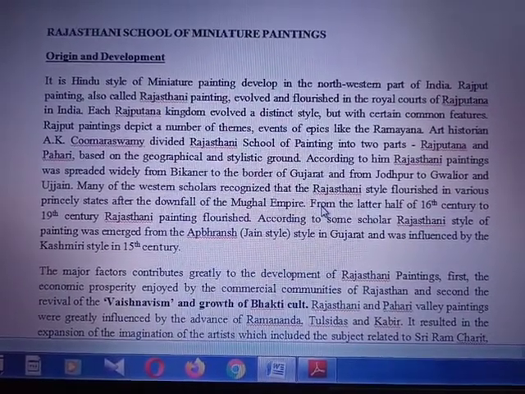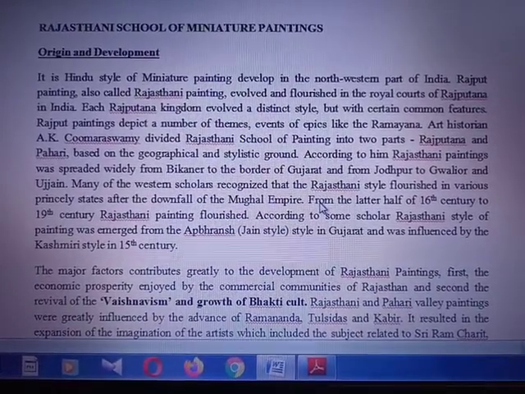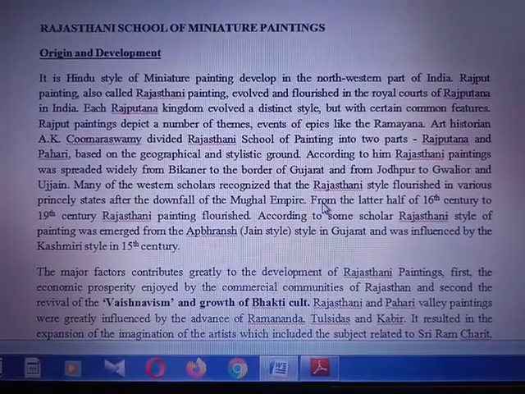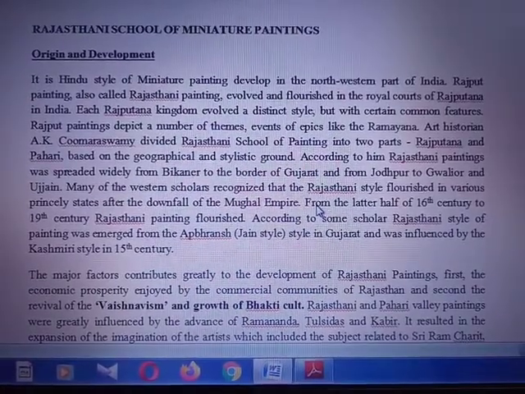According to him, Rajasthani painting spread widely from Bikaner to the border of Gujarat and from Jodhpur to Gwalior and Ujjain. Now you can understand how much area this painting covered.